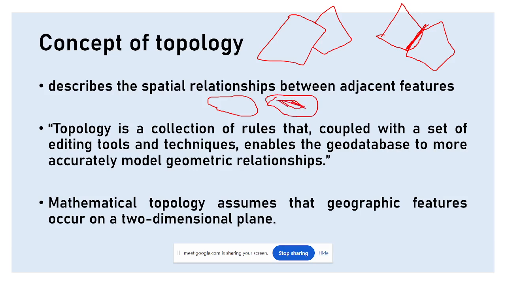So the spatial relationship between these two will be studied in terms of a two-dimensional plane. We know that these are all three-dimensional objects, but in topology we'll consider them as two-dimensional, and then we'll understand the relationship between these two.